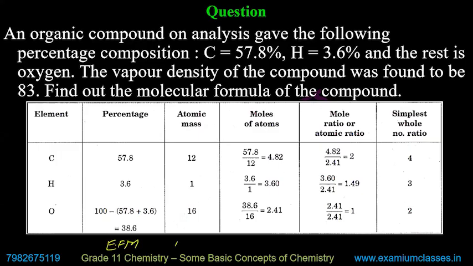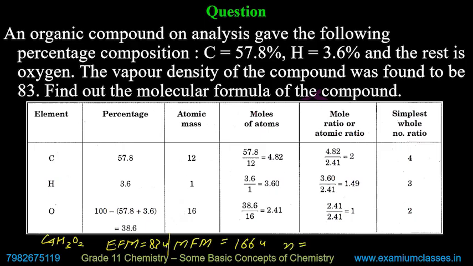Because I know the molecular formula mass, which is twice the vapor density, 166 u. The empirical formula is C4H3O2. From here I got 83 u. And the molecular formula mass I calculated from the relationship 2 into vapor density as 166 u.